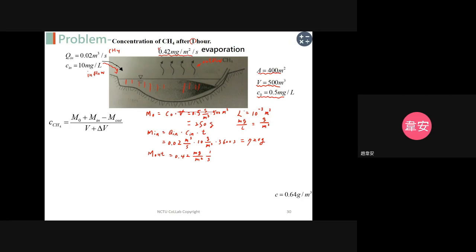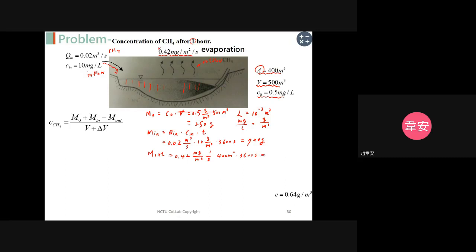Okay, and because we have the area of the water surface, we multiply by 400 meter square, and we have the 1 hour time, so we multiply by 3600 seconds.